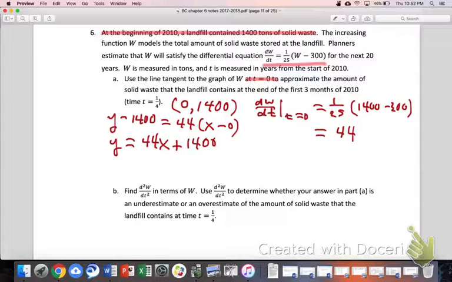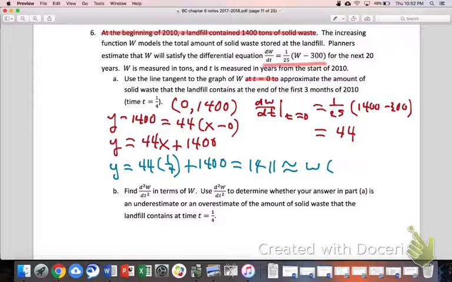So I'm going to say y equals 44 times 1/4 plus 1,400, and that would equal 1,411, I believe, and that would be approximately equal to w of 1/4. 1,411 tons, I guess it would be, of waste. All right, so that was a pretty challenging question. Let's see what we can do with letter B.